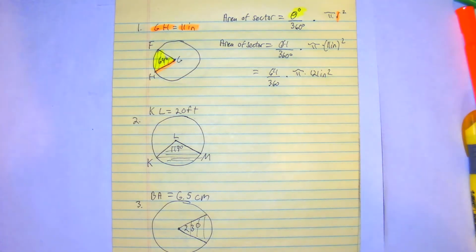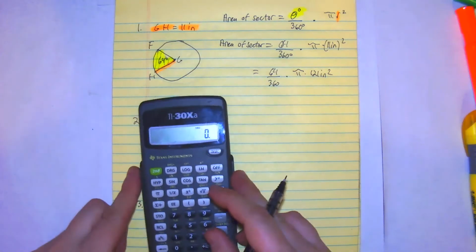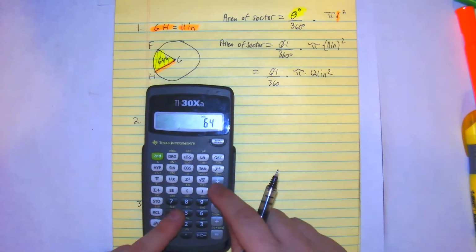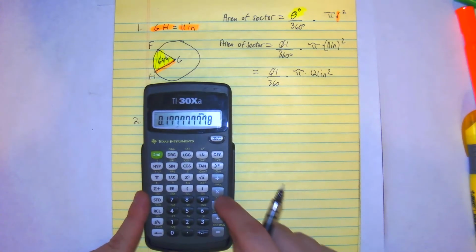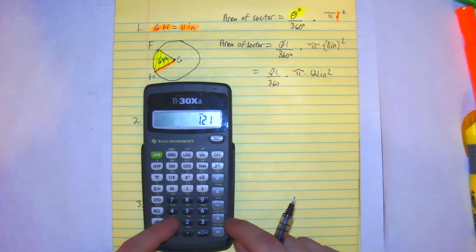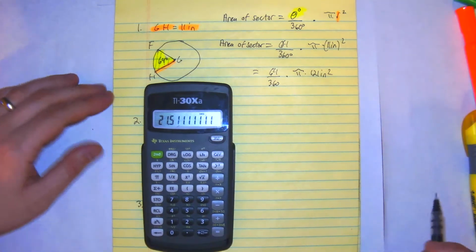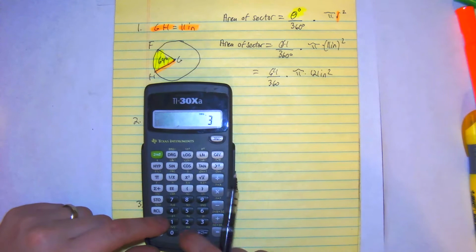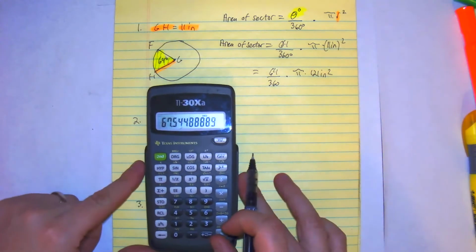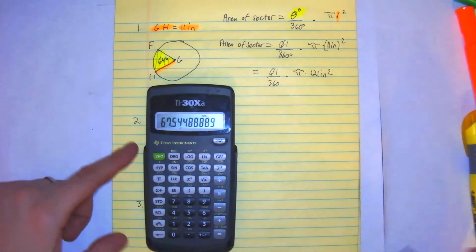So the last and final part to solve for this, all you would have to do is 64 divided by 360 equals, times it by 121, and let's not do it in terms of pi, times it by 3.14 at the end, and we get 67.5.